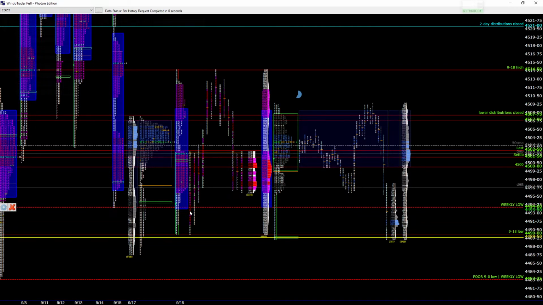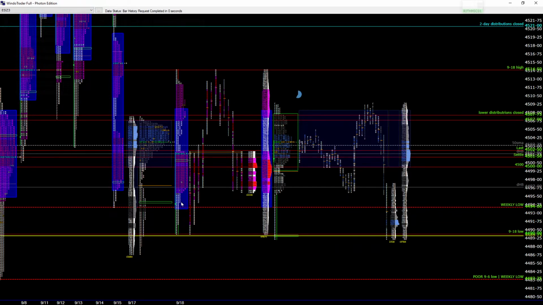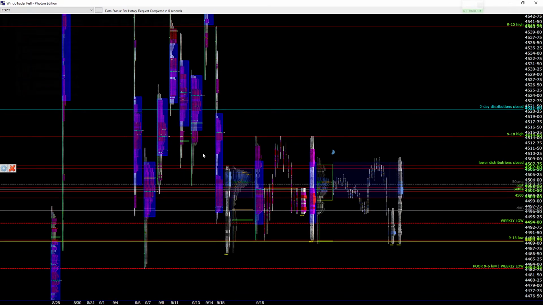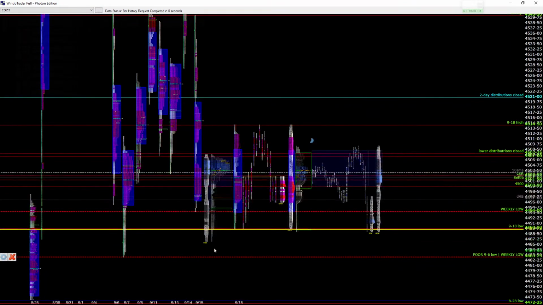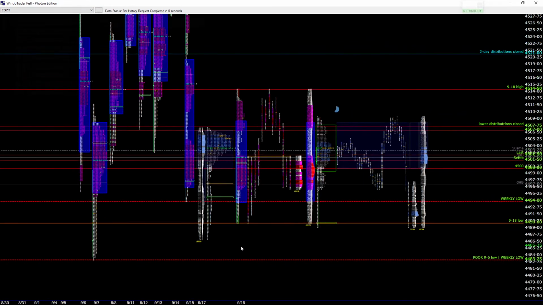Then on the weekly time frame, the trend to the upside is over. Now we have 1, 2, 3, 4, 5. 1, 2, 3. There's another weekly low here. This is a weekly low as well. So we'll take two. The weekly time frame is kind of weak as well.